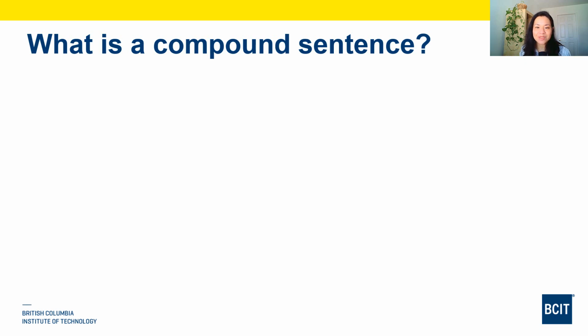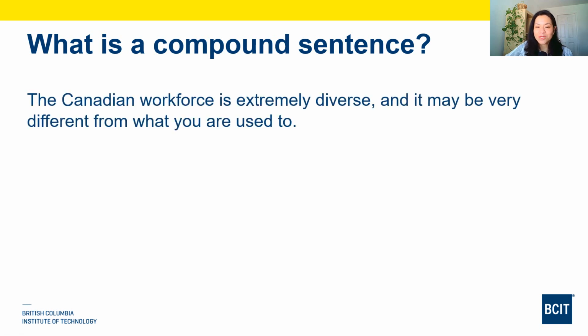Here is an example from the text we read earlier of a compound sentence. The Canadian workforce is extremely diverse, and it may be very different from what you are used to. What makes it a compound sentence?